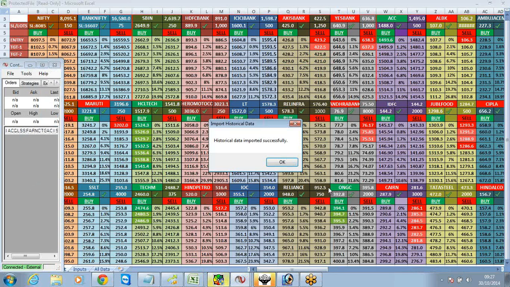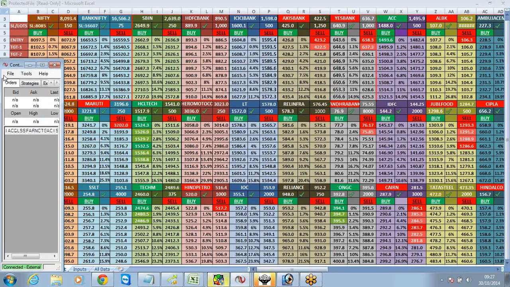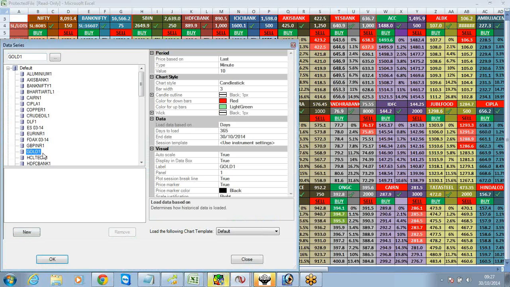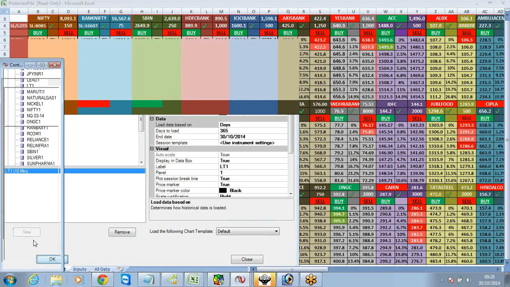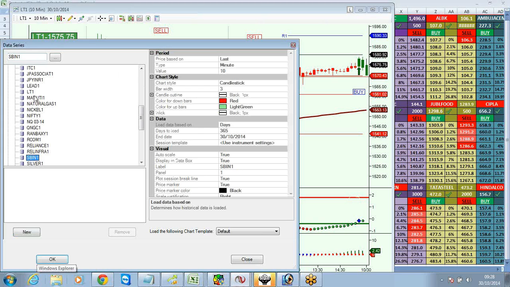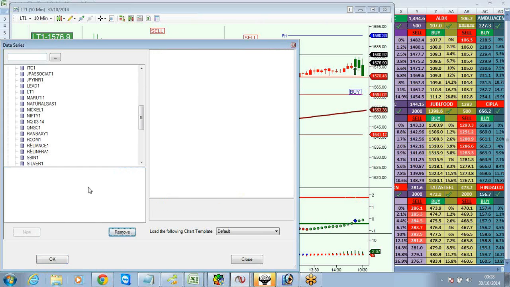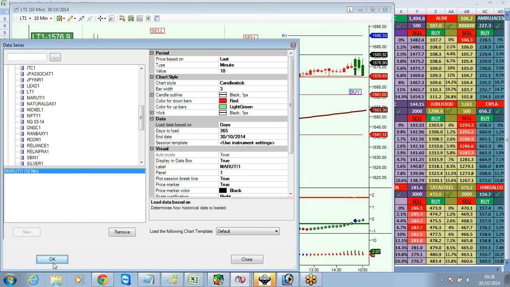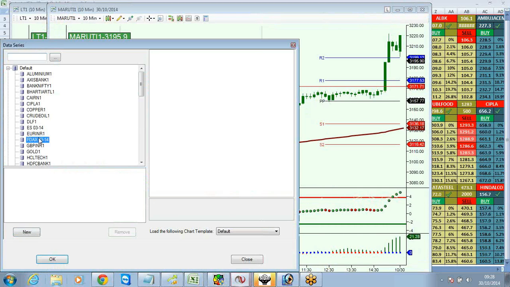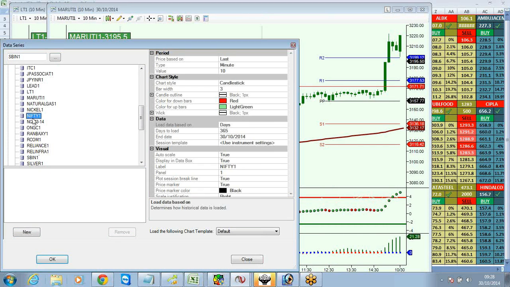So the final target for HCL Tech is done. You can just observe that. I'll just open all the charts, then it will become very easy for us. Maruti is on news, that is we have the results.